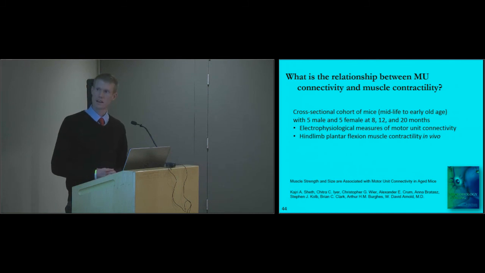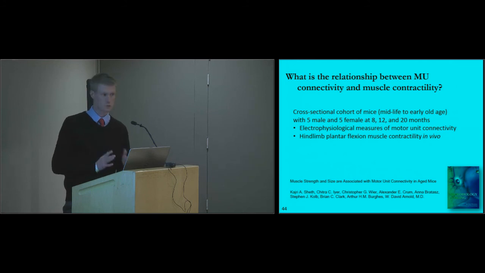Then we next wanted to look at, sure, motor unit number estimation is a nice electrophysiological measure, but we wanted to branch into actually muscle function. In the last decade or so, there's a technique that allows in vivo assessment of muscle contractility. You can do this repetitively over time. It's like the final common pathway: what we really care about is how the muscle is functioning.